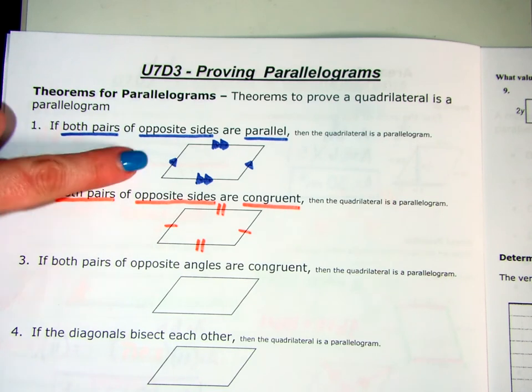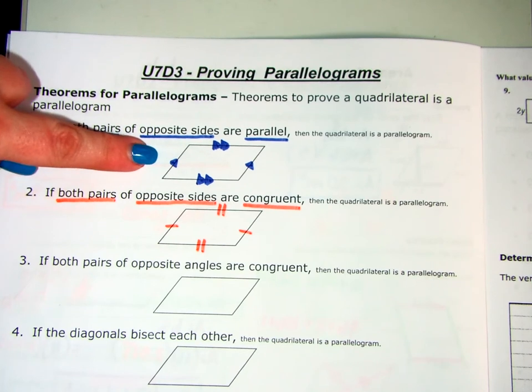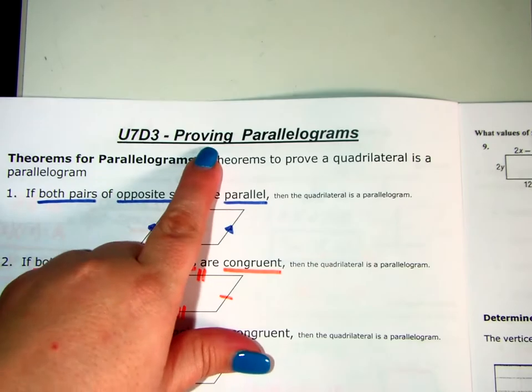I do want to come back up to the first one real quick. I said if you're given a picture like this and you can see that your opposite sides are parallel, your top and your bottom, both pairs have to be parallel. Sometimes they're not going to give you the markings there. You can prove it though. This is all about proving parallelograms.